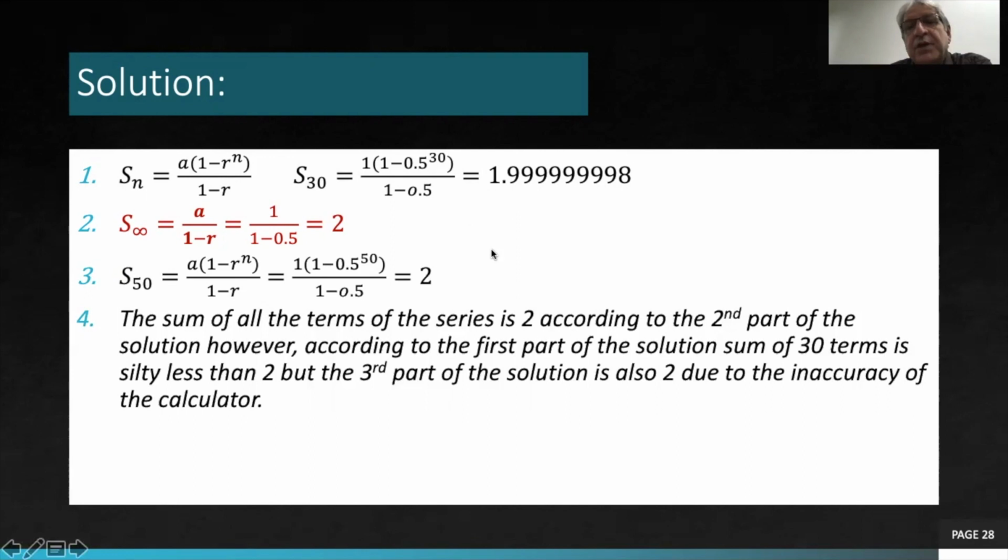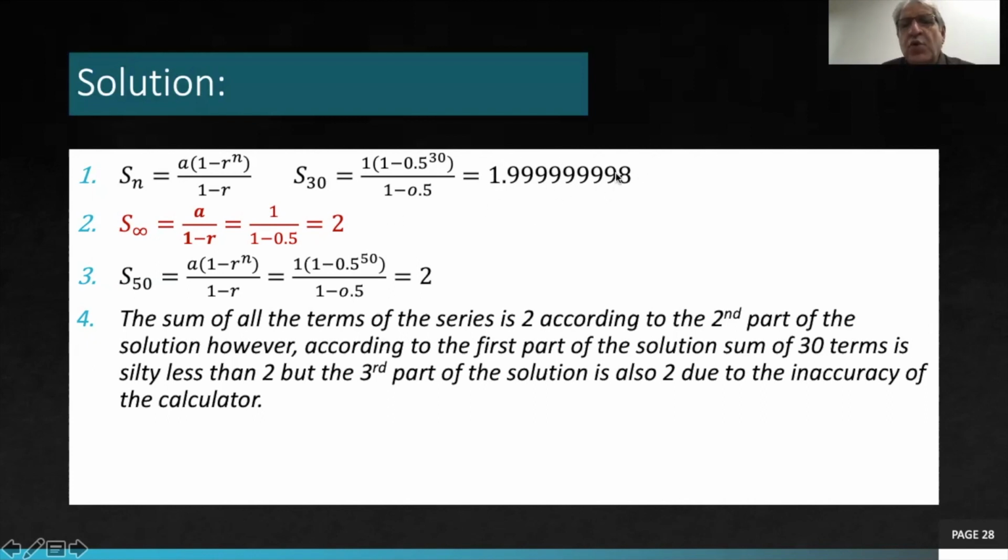Perhaps it is 1.999, some 10 more nines are there, then there is an 8. Therefore, these are approximate. They are less than 2. This also is less than 2, but it's so close to 2 that your calculator just says it is 2. So when you are saying the sum to infinity is equal to 2, that means when you keep on adding the numbers, the sum approaches the number 2.